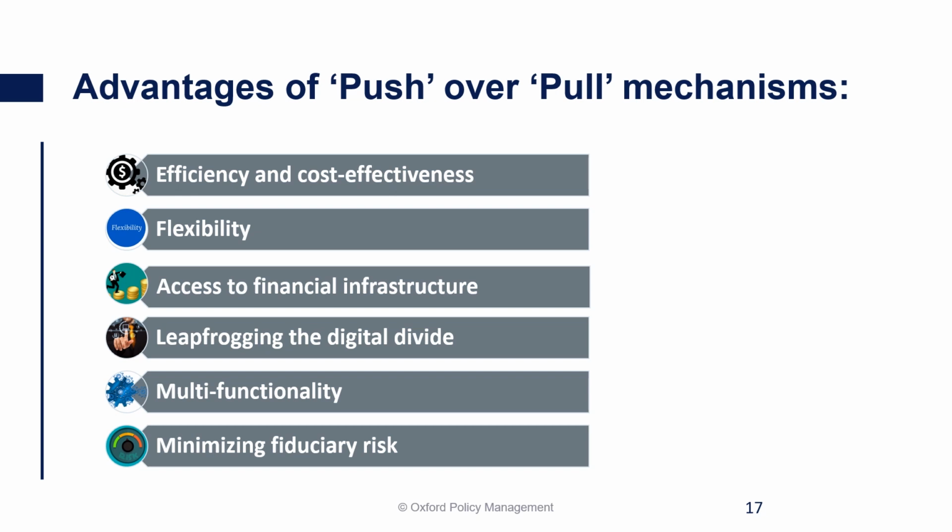Access to financial services, even basic savings and withdrawal facilities, has been shown to reduce economic inequality and promote growth. So this access to financial infrastructure actually provides opportunities for financial inclusion. That is why it is one of the advantages that pertain to push mechanisms.